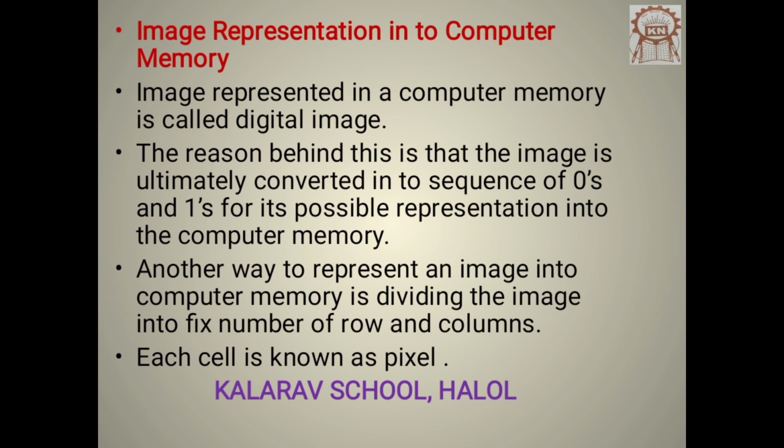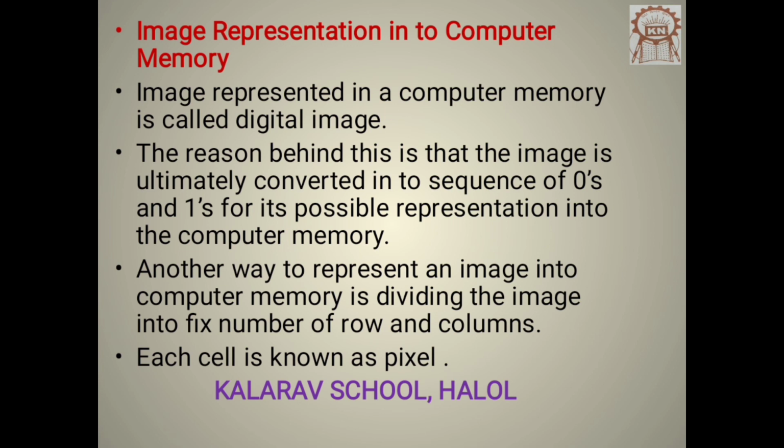Another way to represent an image in computer memory is dividing the image into a fixed number of rows and columns. Each cell is known as a pixel. Each pixel represents a value that represents the given color at a specific point.